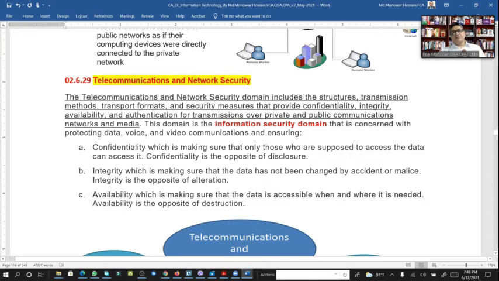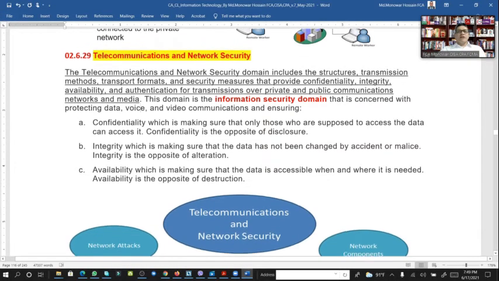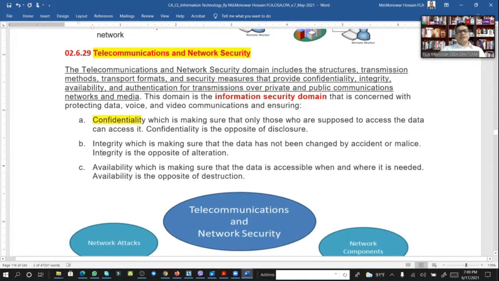This domain is the information security area connected with protecting data, voice, and video communication, and ensuring confidentiality, integrity, and availability.